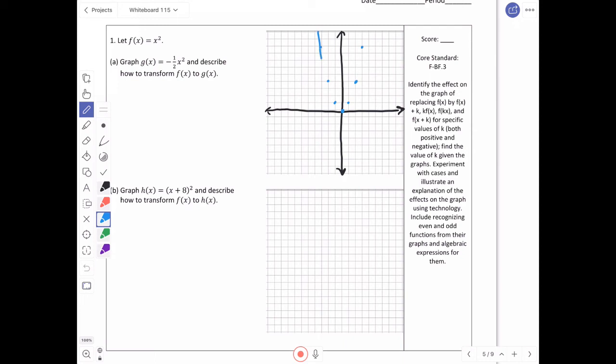Bam, that in blue is going to be the parent function x squared. And then when I reflect it and make it half as tall, I get this one. Half of 4 is 2. Let's see, 4 squared would be 16. Half of that is 8.